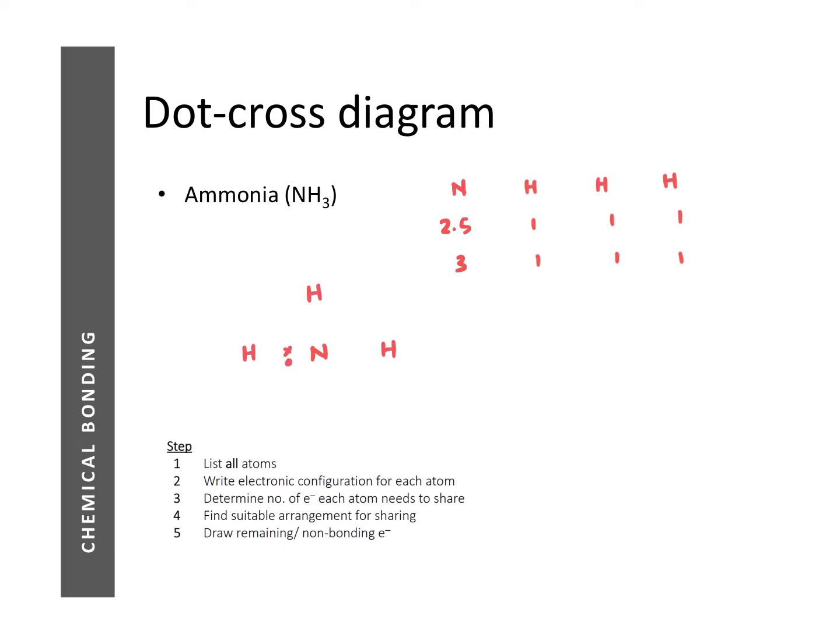So if we look at the sharing, we will find that it meets the requirement that we have come up with earlier. Step number 5 is to draw any remaining or non-bonding electrons. What do I mean by that? If you look at nitrogen, nitrogen has 5 valence electrons. It has shared 3, so meaning it has 2 valence electrons remaining. So this is the dot and cross diagram for ammonia.